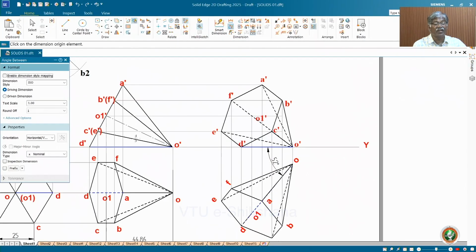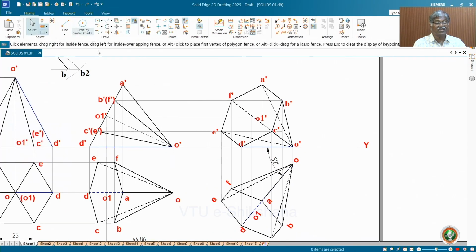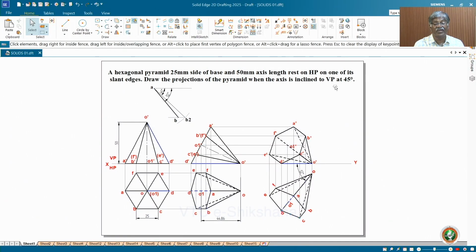Apparent angle you get, apparent length you get according to the angle of inclination. Now it is around 27 degrees. Yes, so it is inclined at some 27 degrees. So naturally, 27 degrees is the corresponding value you get. Now he has given the value of true inclination to VP, that is 45 degree.